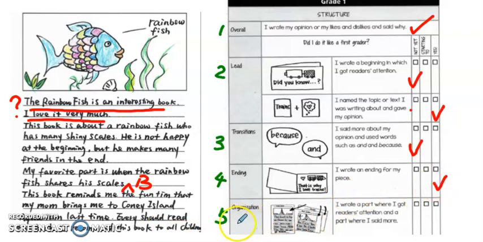The last one, organization. I wrote a part where I got readers' attention and a part where I said more. Does this student have many parts including introduction, body, and conclusion? Yes, there is a full page of lines in his writing. So I check yes. Okay.